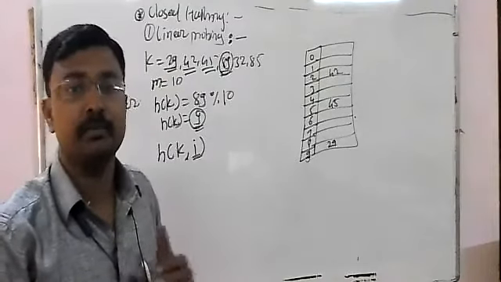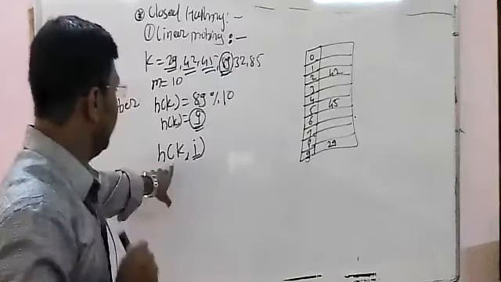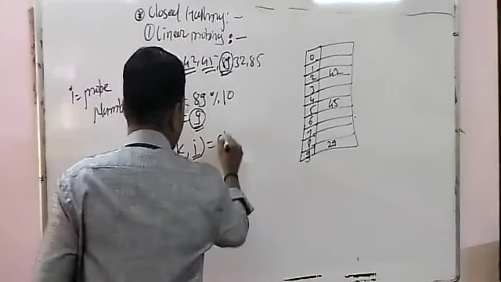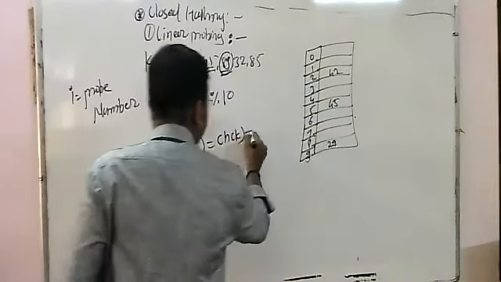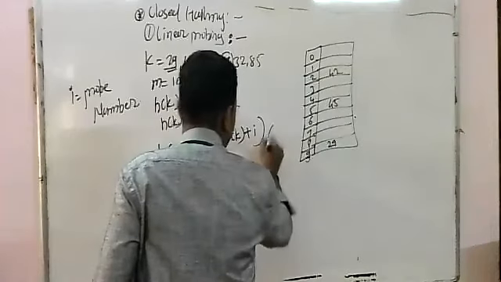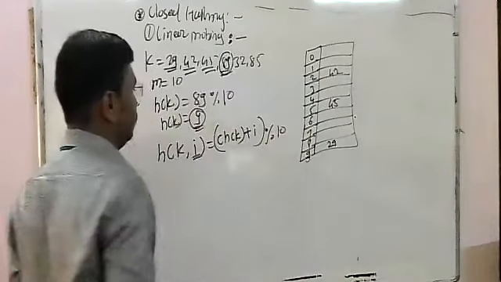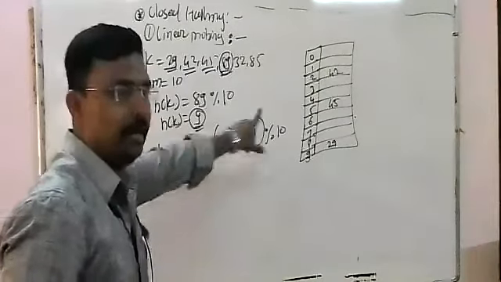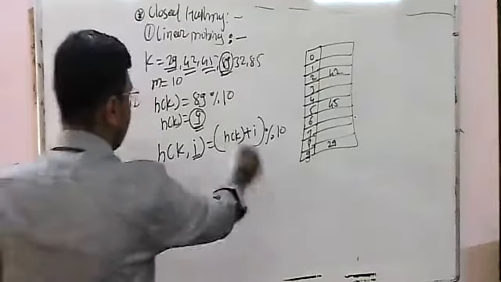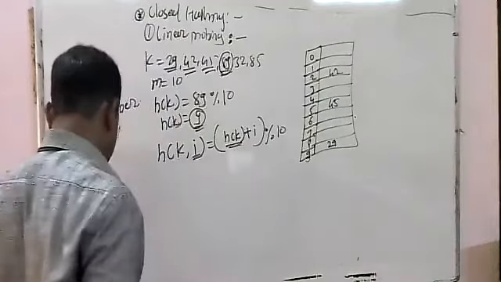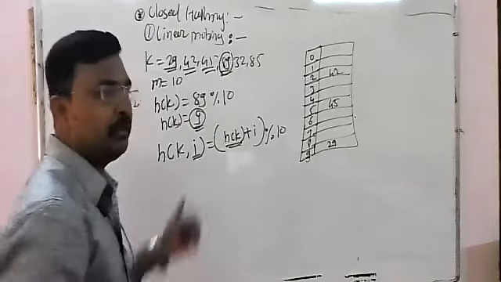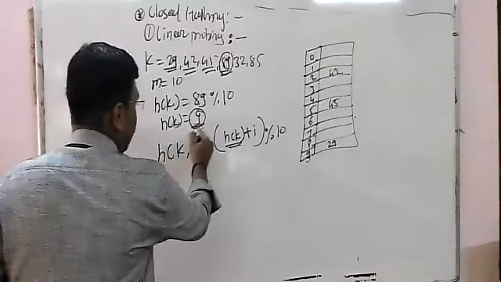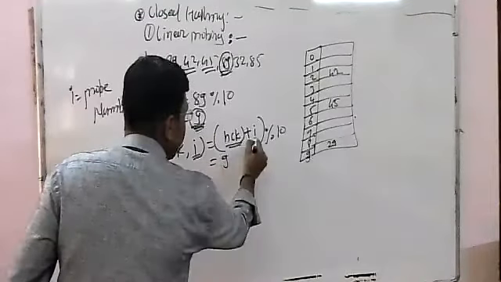That is the probe number. h of k, i is equal to h of k plus i mod 10. Now, what is the value of h of k? 9. Here we already have the value 9 plus i.